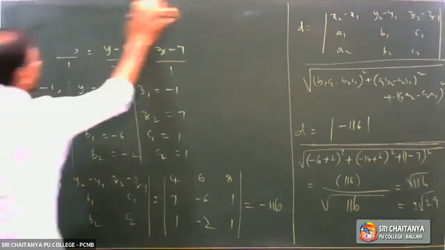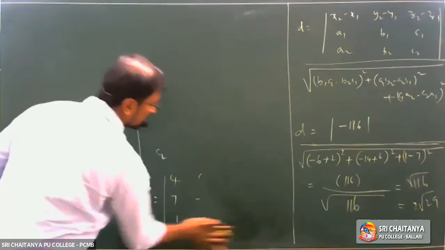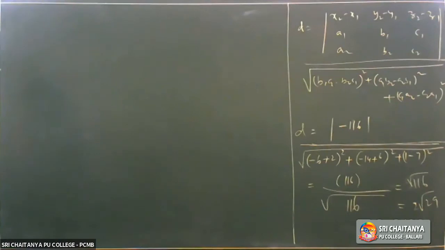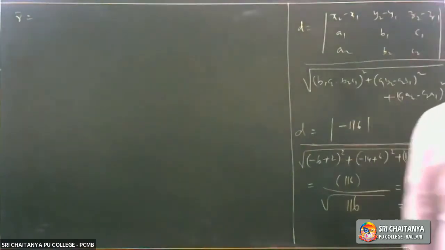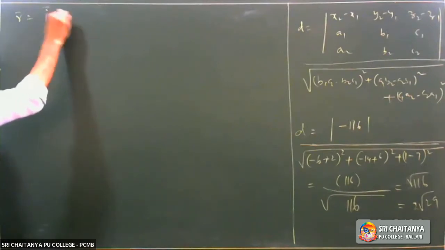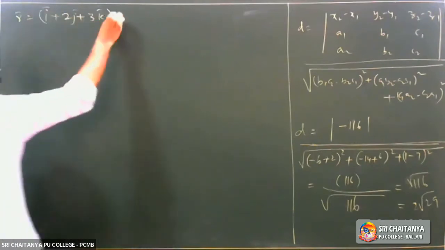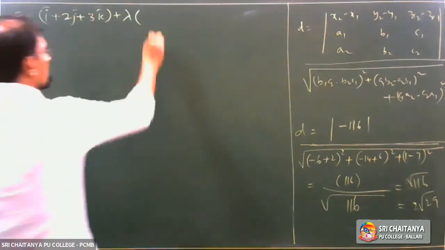Find the shortest distance between the lines. R bar is equal to, once again he is going to give you in vector form, i bar plus 2j bar plus 3k bar plus lambda into i minus 3j plus 2k.